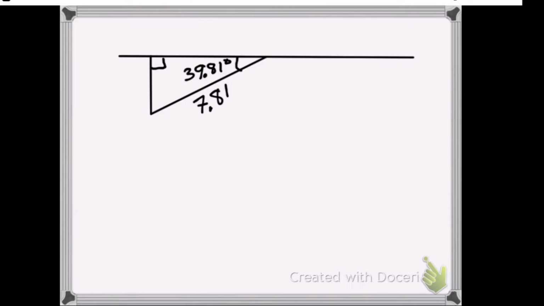So the hypotenuse of this right triangle is 7.81. The angle with the x-axis is 39.81 degrees. Okay, in this case, the opposite side of the triangle is this vertical component, and the adjacent side is this horizontal component, and this is vector C. Okay, and once again, we're going to use Sohcahtoa.